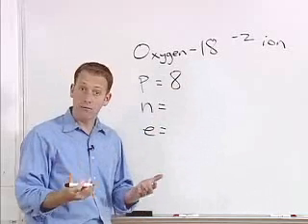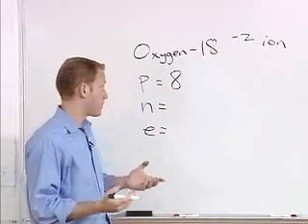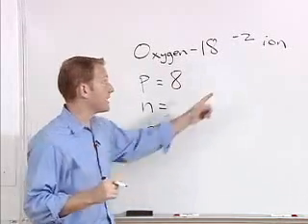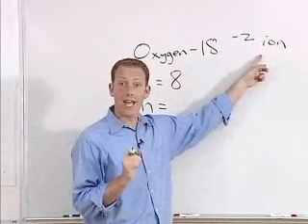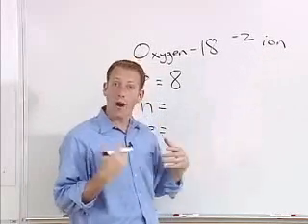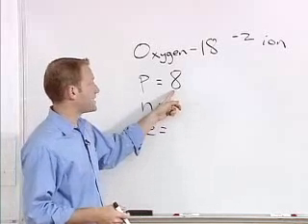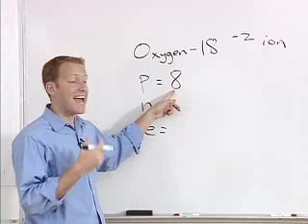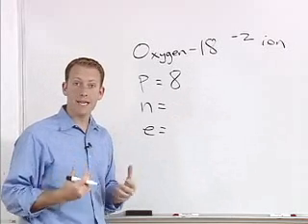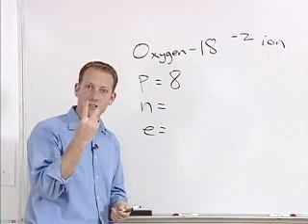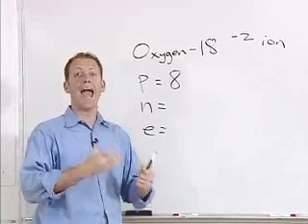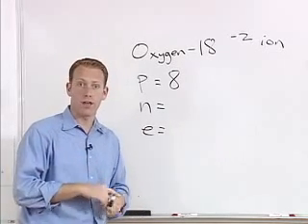If it was an atom, how many electrons would there be? There would be 8. But it's not an atom. It's a negative 2 ion, so we have to do something different. It has 8 protons, and as a negative 2 ion, it gained 2 electrons. It has 2 extra electrons than protons.